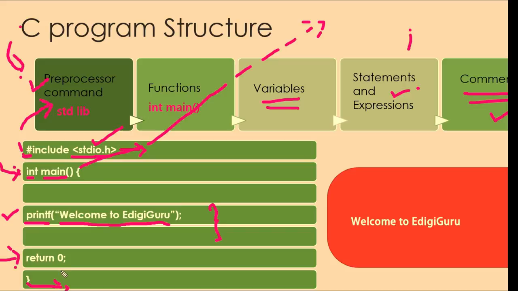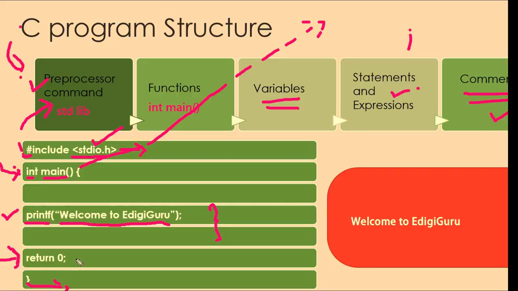It tells the operating system the status of the program, whether the program is successfully executed or whether there is any error, or the program executed with an error. So this basically tells the operating system the program execution status.